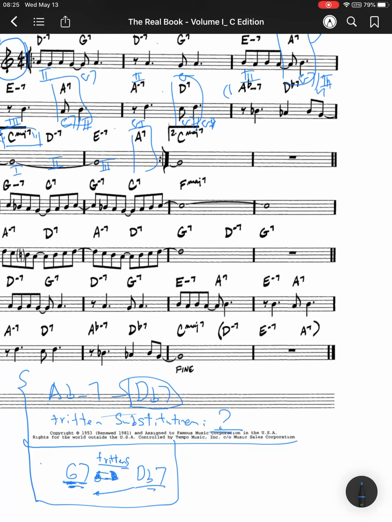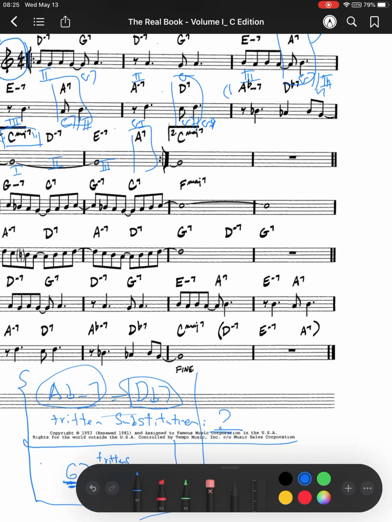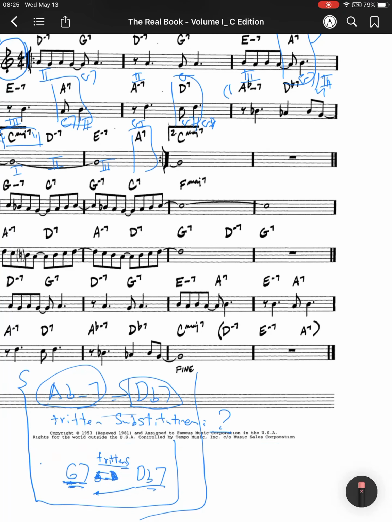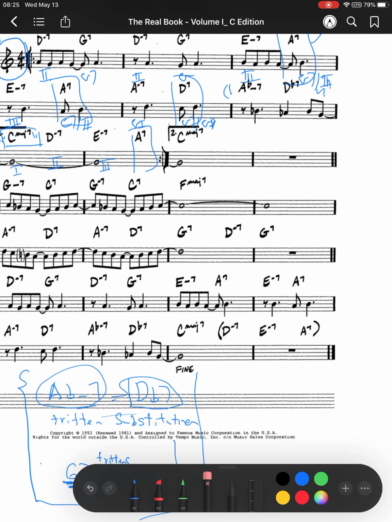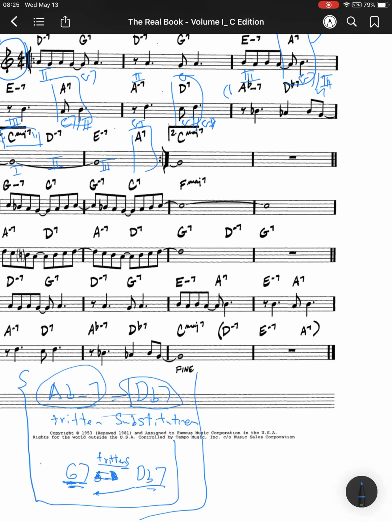This is the D flat 7 here, a tritone substitution of G7. But what is A flat minor 7? Another weapon that composers and jazz musicians use, if they want to reharmonize a piece and improvise on a different chordal progression.